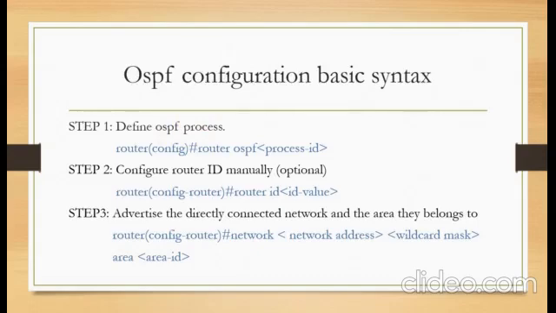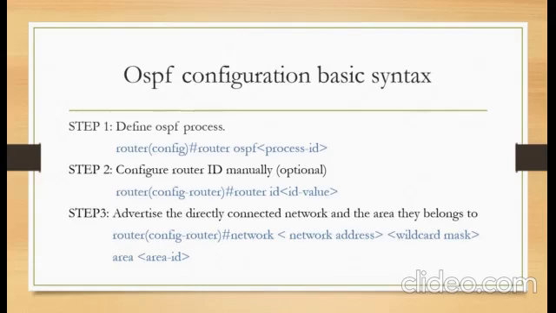The second step is to configure the router ID, either manually or it is taken automatically. Generally, the router ID is the highest logical IP address configured on a router. If no logical IP address is set, then the router uses the highest IP address on its active interface.